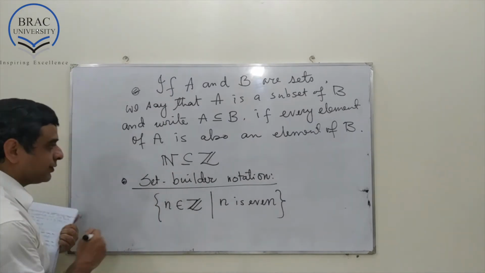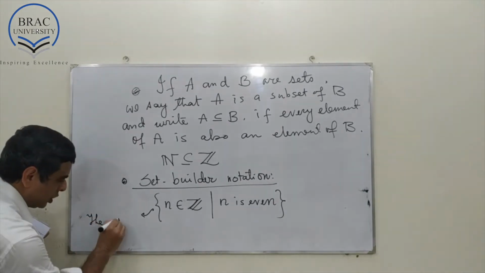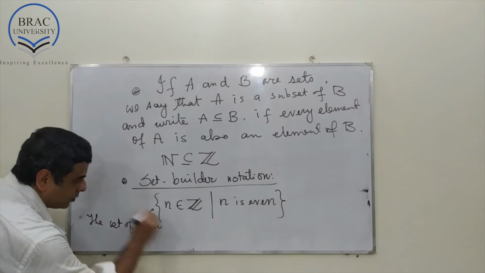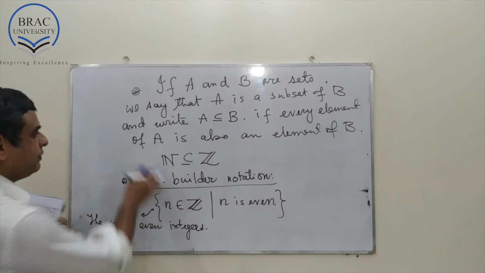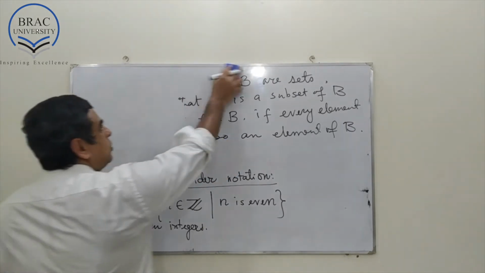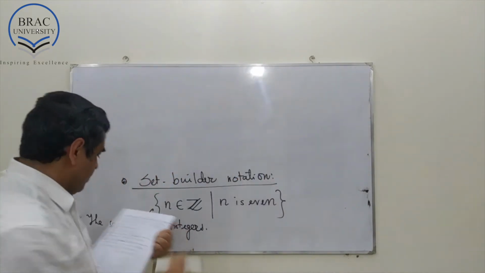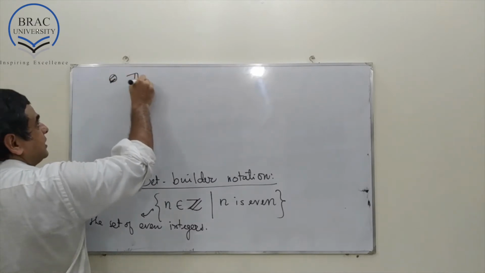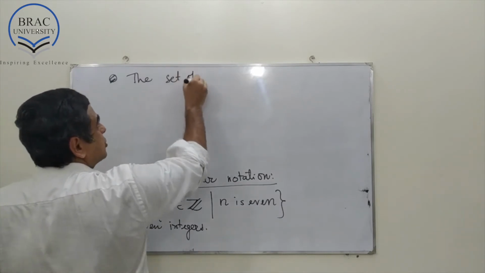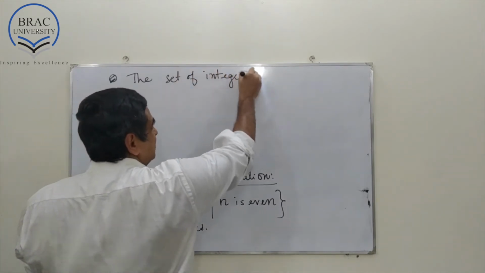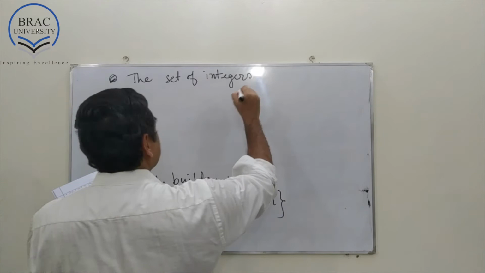Let us take another example. So this is the example of the set of even integers. Let me give you another example where we can use set builder notation to denote the set: the set of integers which are greater than 2.